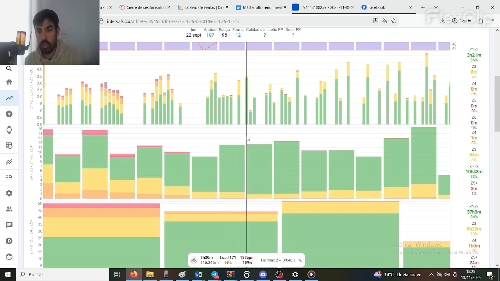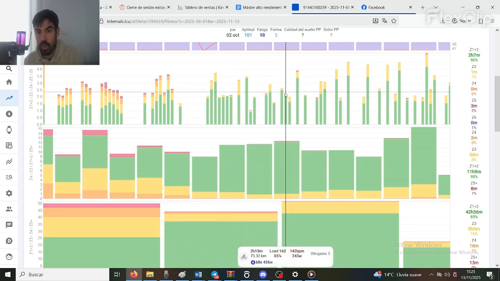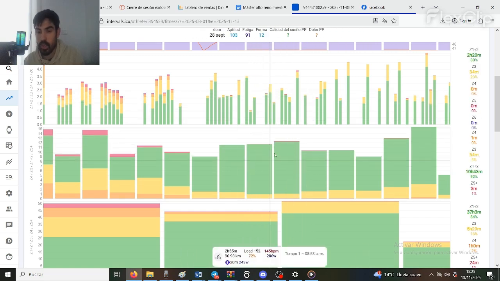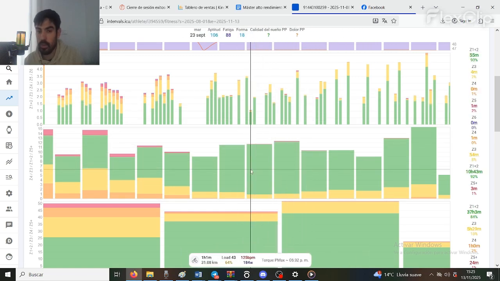So as you can see here, there are also some short intervals of sprint, in order to maintain some high intensity in terms of anaerobic capacity.